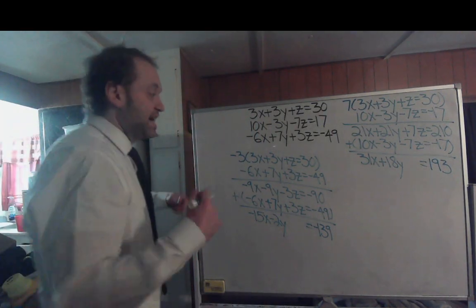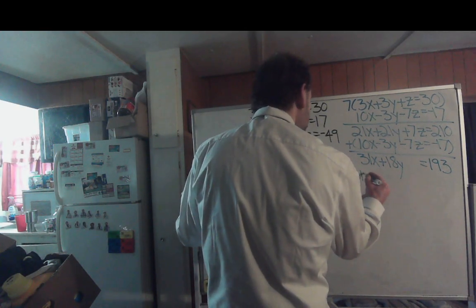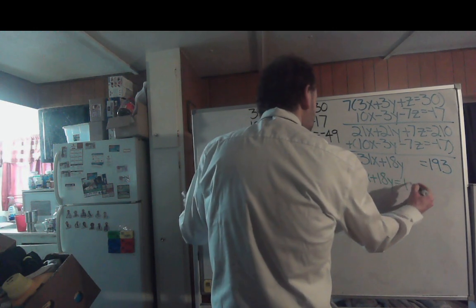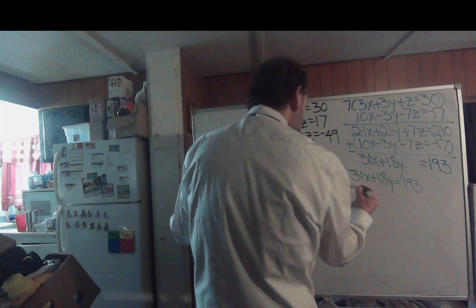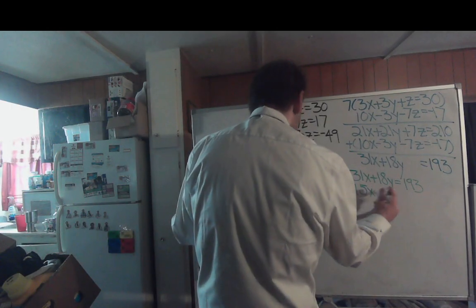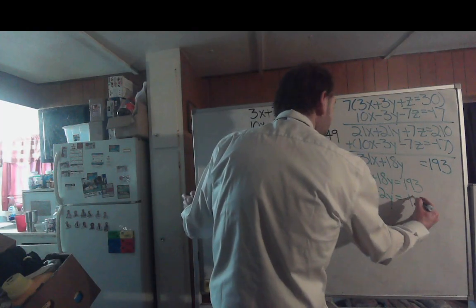Let's go ahead and stack these two equations up side by side. So 31x plus 18y equals 193. And then we have negative 15x minus 2y equals negative 139.